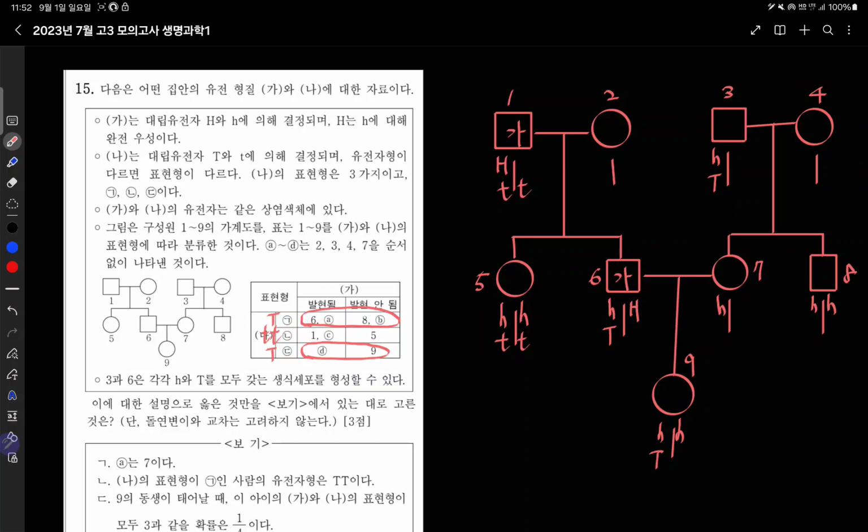I'm going to assume that the first phenotype is made by this heterozygote, and the third phenotype is made of two capital T allele. So individual number 9 has two capital T allele, and number 8 and 6 are heterozygous for T allele.